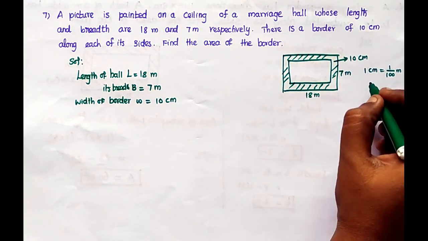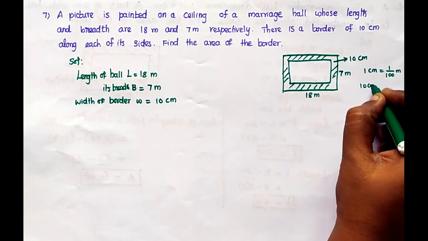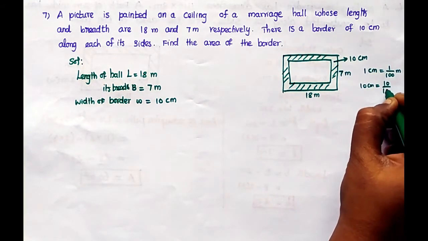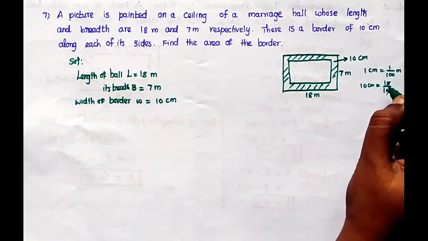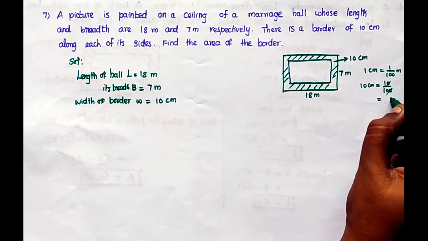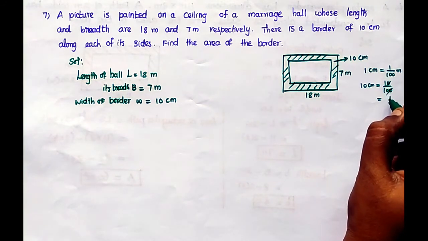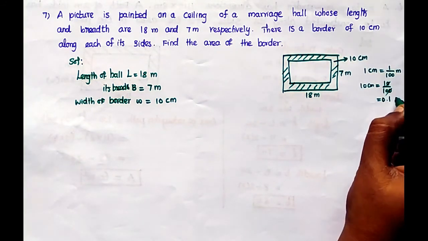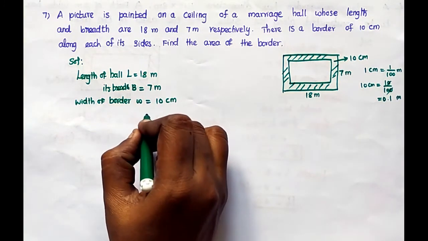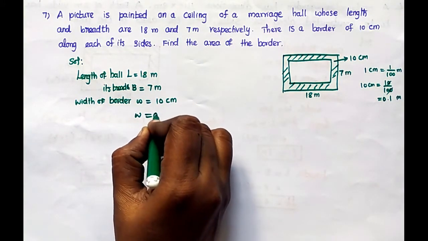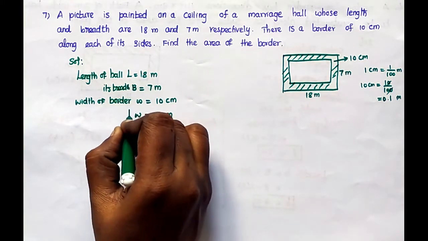Now 10 centimeter equals 10 by 100. So the zero cancels, that is 1. Here the denominator has one zero, so we keep the point one digit before. So 0.1 meter. So W equals 0.1 meter.